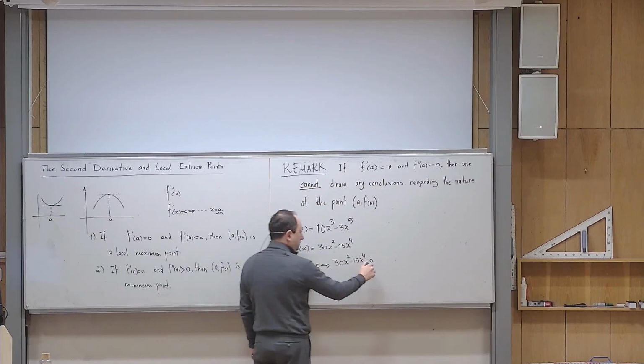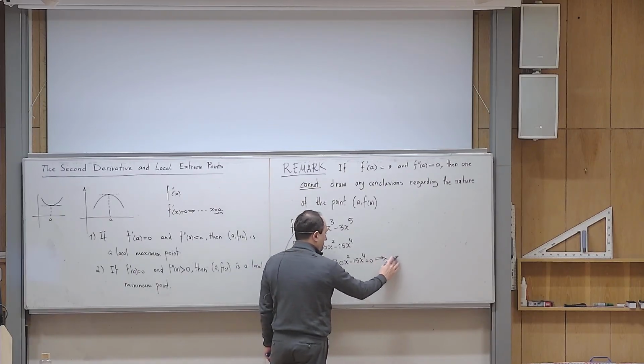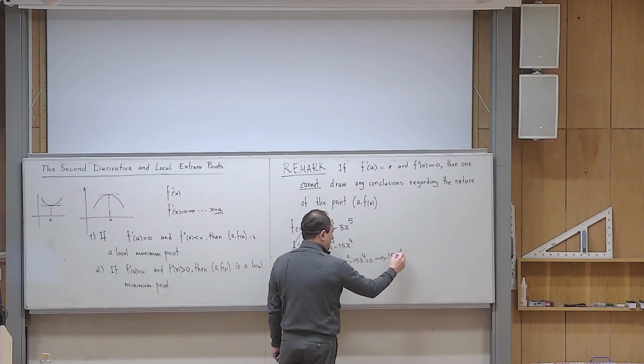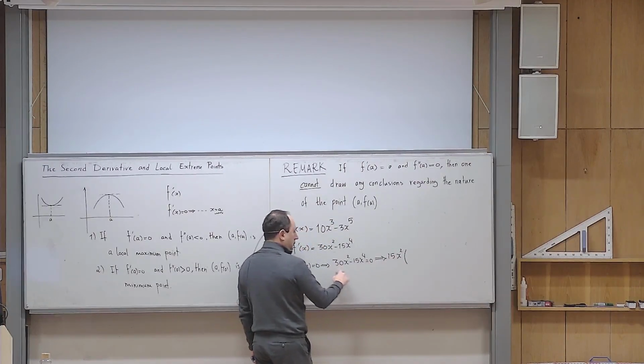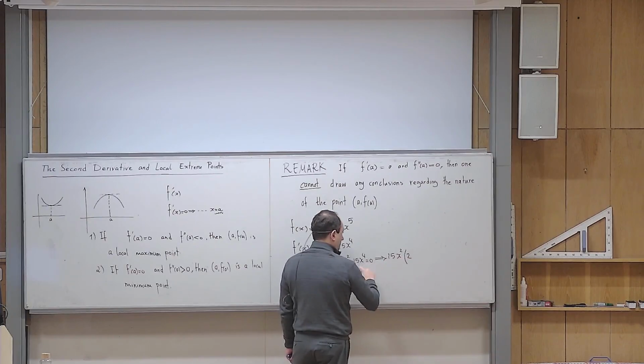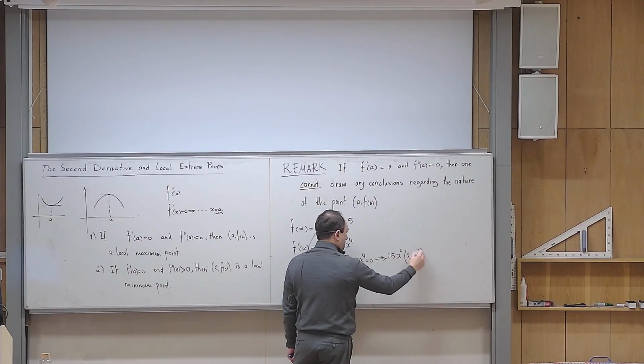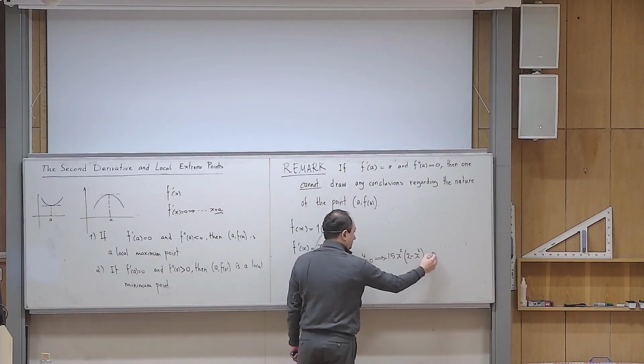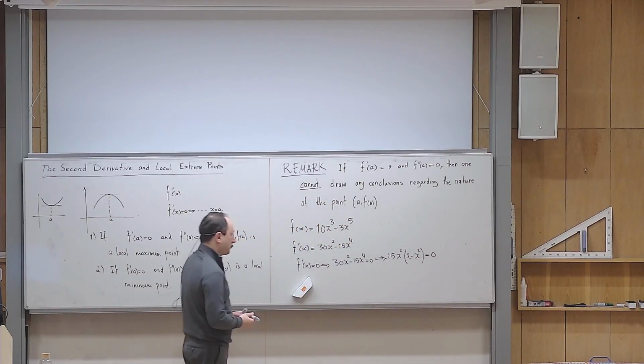That's a 4th degree equation. So I factorize it by pulling 15x squared out. From here I have 2 left, and from here I have minus x squared left. Put it equal to 0.